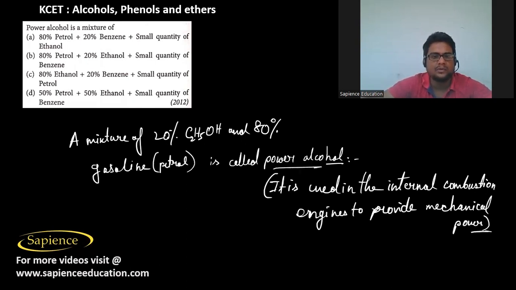So 20% ethanol with 80% petrol, and with a small quantity of benzene. So option B is the correct answer.